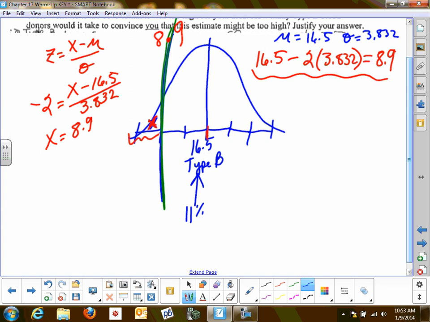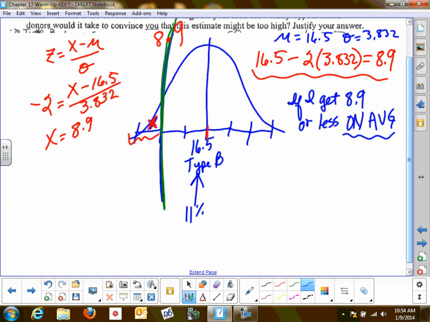Or I could say, if I get 8.9 or less on average, that's critical. Why do I have to say on average? Because 8.9 is not what just happens in one sample. 8.9 has to be an average of what happens over many samples.